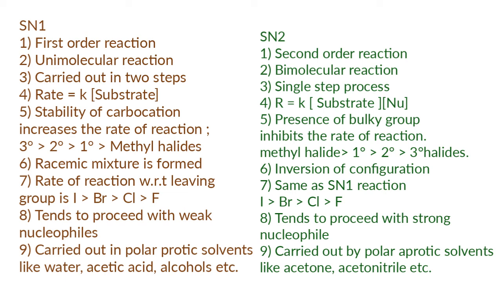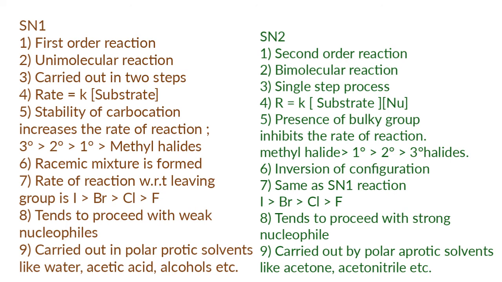Stability of carbocation increases the rate of the SN1 reaction. In the case of alkyl halides, the stability order of carbocation is tertiary halide greater than secondary halide greater than primary halide greater than methyl halide. Presence of a bulkier group inhibits the rate of the SN2 reaction. The order of reactivity is methyl halide greater than primary halide greater than secondary halide greater than tertiary halide.